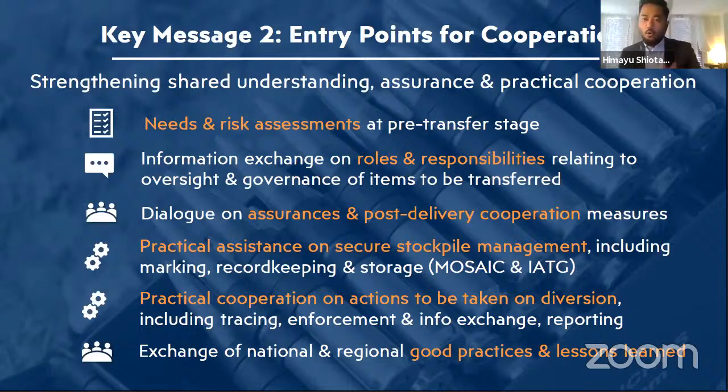But if we flip the coin, you could also ask the question, do the recipients need the necessary infrastructure to secure these items as part of a transfer? What are their needs?